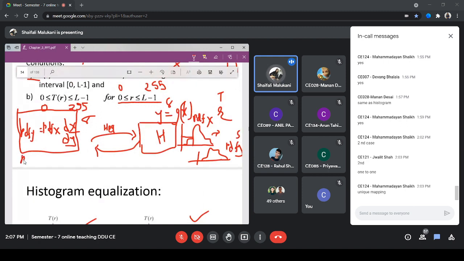So I will say that the PDF of S, that is my output image, is the PDF of input image R times dr by ds. Right? This is the equation.